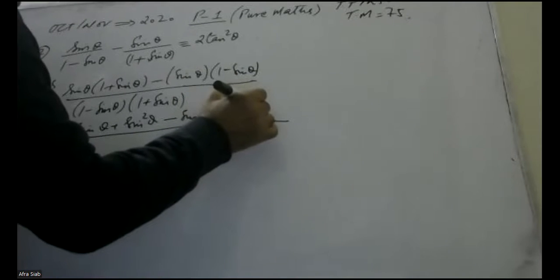That thing is equal to sine theta plus sine square theta minus sine theta, minus minus plus sine square theta, divided by a minus b and a plus b.